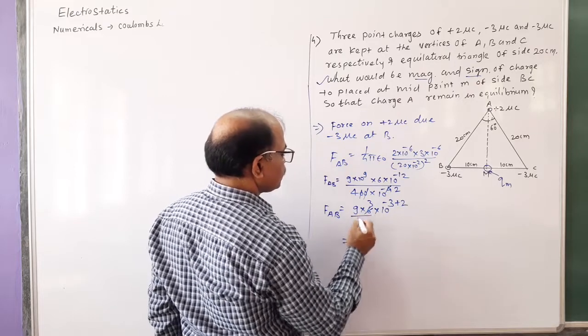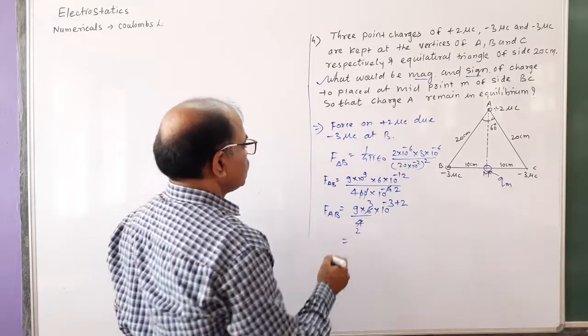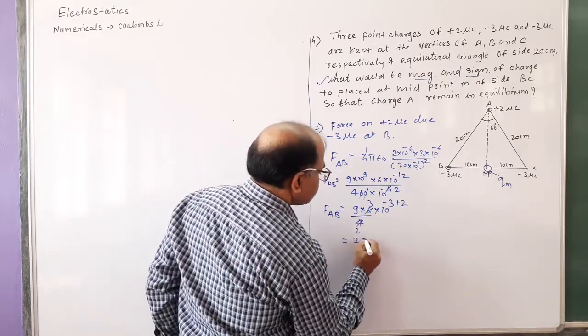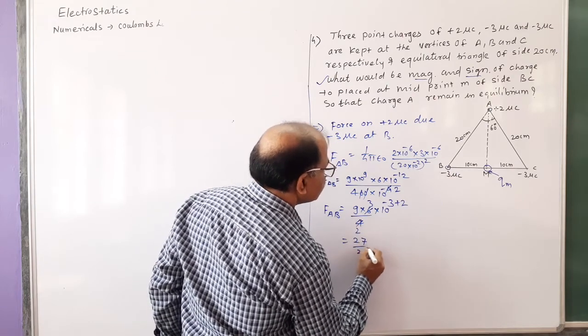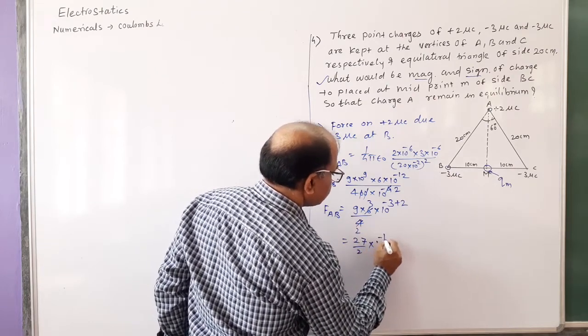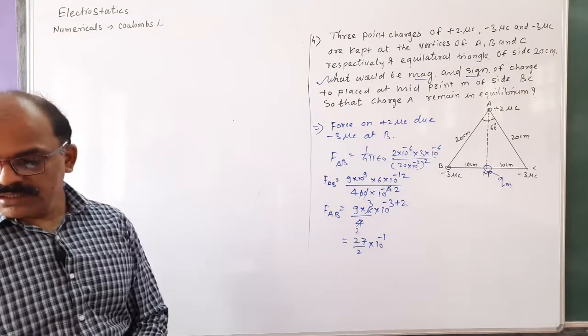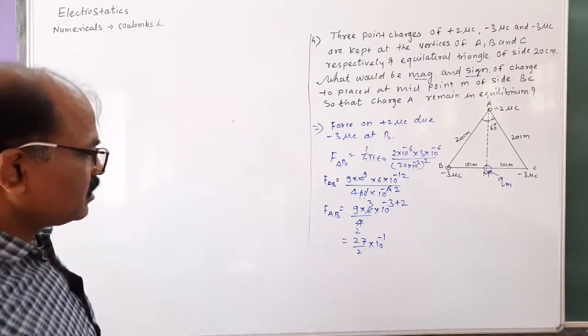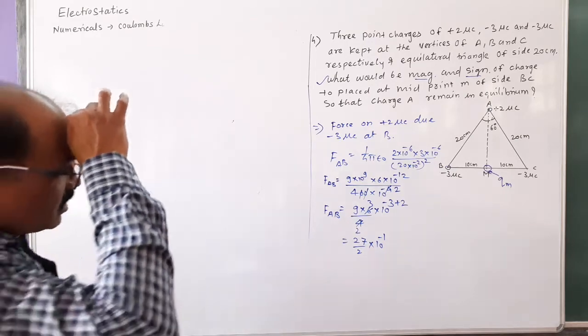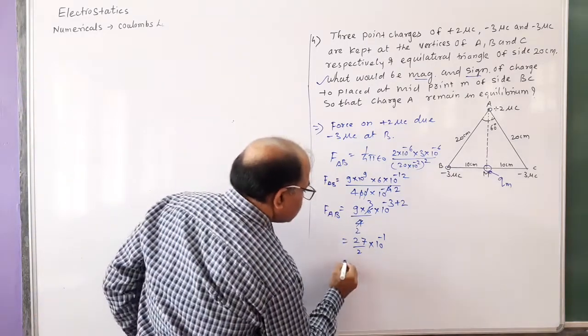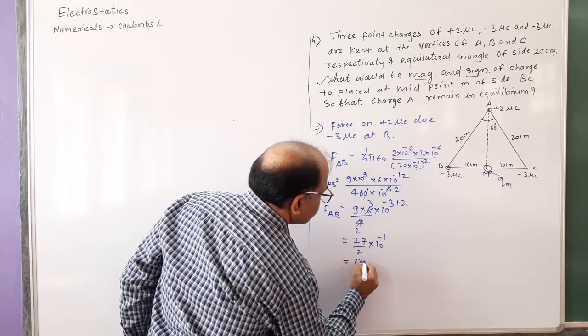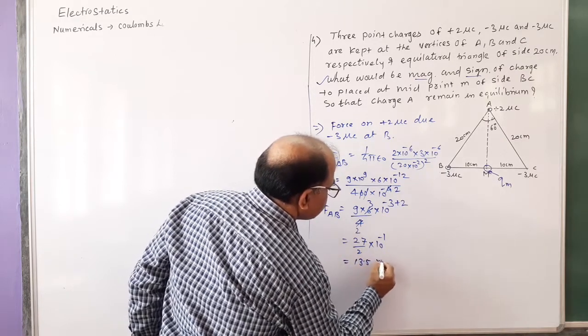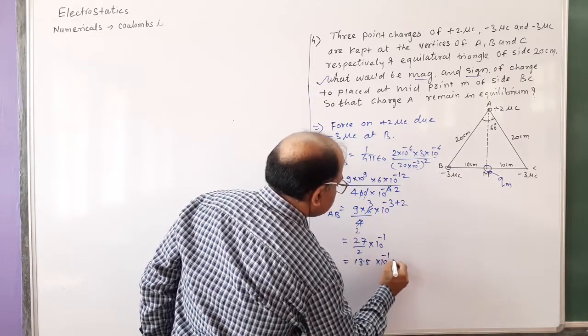So this will be 27 divided by 2 into 10 raised to minus 1. This will be the answer. Let's check. So this will be 13.5 into 10 raised to minus 1 Newton.